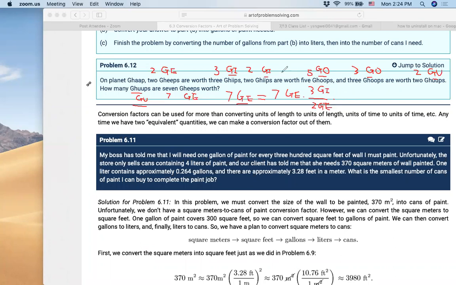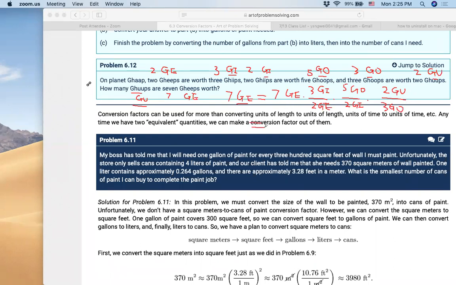Then, okay, GI to GO. So you write GO, this is 5 to 2 GI. Then 2 GU to 3 GO, right?